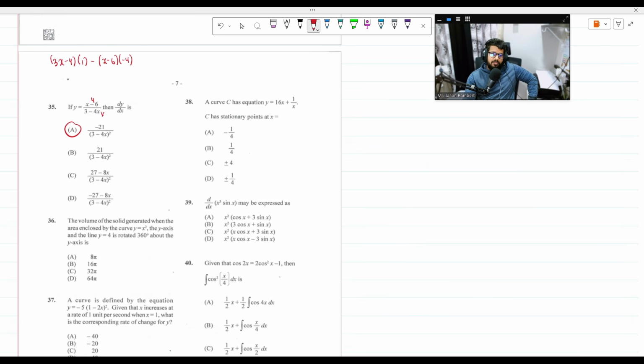I know we have v squared already. 3x minus 4. Why put 3x minus 3 minus 4x? Sorry. Alright, don't be wrong. So we're going to get 3 minus 4x plus 4x minus 24. So 4x and 4x go. 3 take away 24 is minus 21.